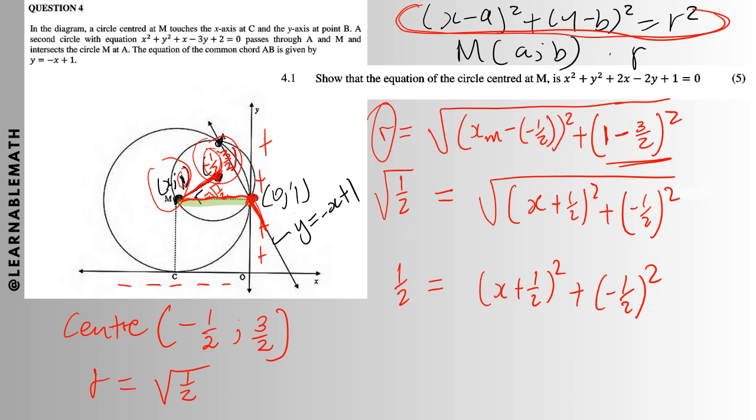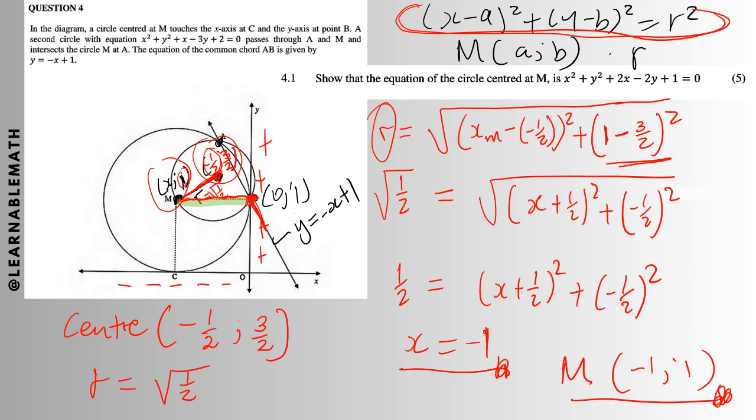When you expand, you realize that x will be equals to 1, right? So it means my point M, it's what? It's 1. Actually, x will be negative 1, sorry. You realize your x is negative 1 because it's on the negative side. So it's negative 1 and 1. That is the point M.